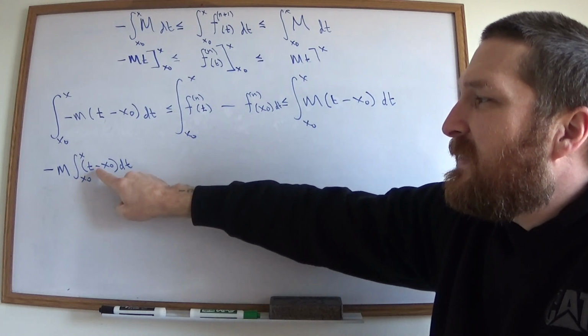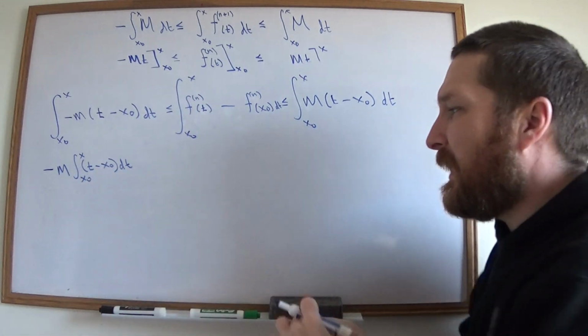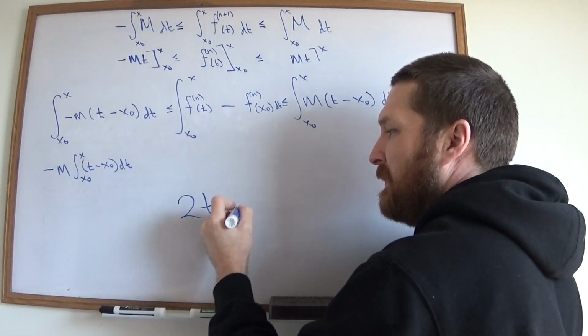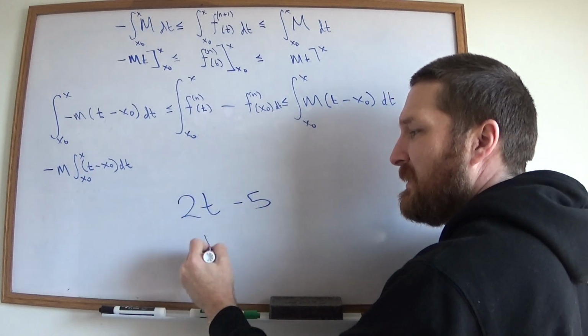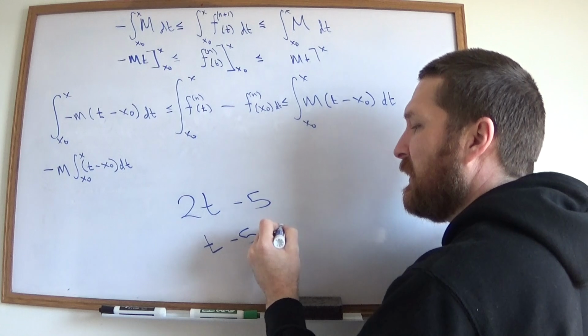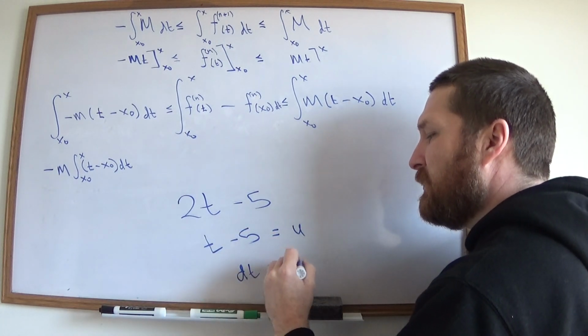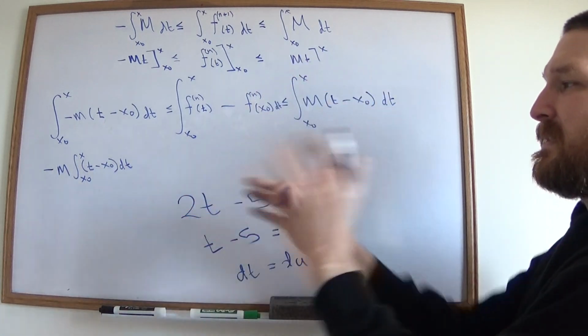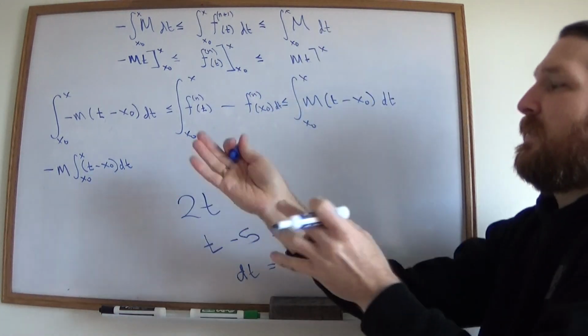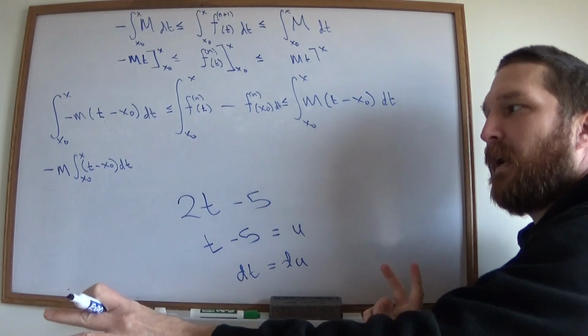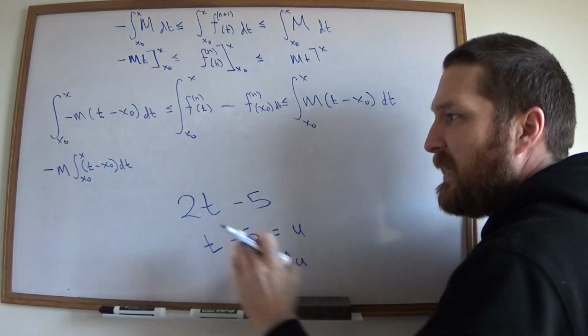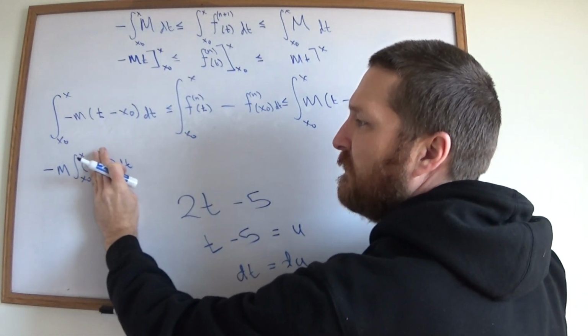But it's not like 2t minus 5, it's just t minus 5. So if you let u equal that, when you take the derivative, dt is just du. You don't need to do any kind of crazy stuff. There's not going to be a 2 that drops down or something like that. You could just pretend that this is just the variable itself.